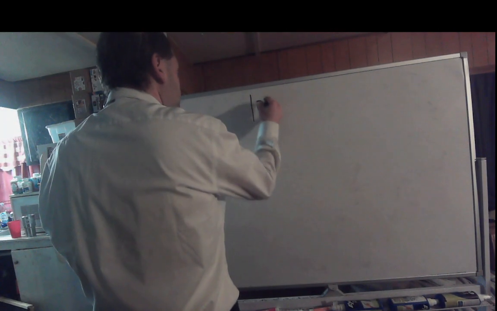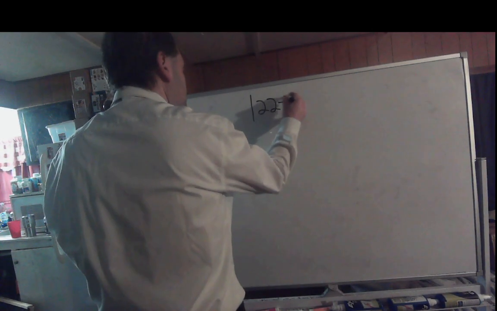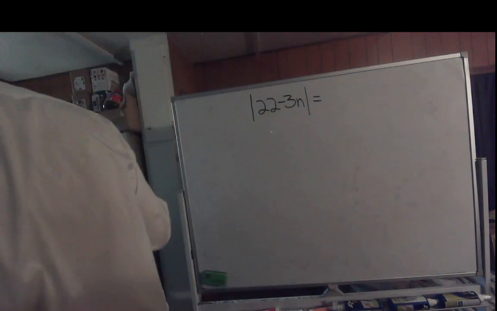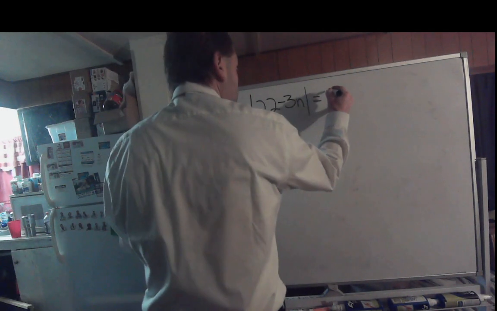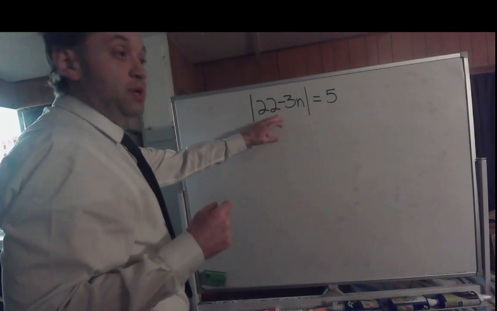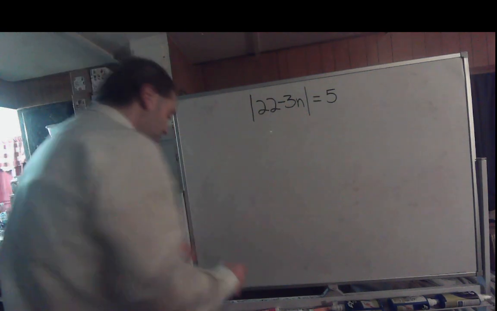Let's see here. We have the absolute value of 22 minus 3n is equal to 5.